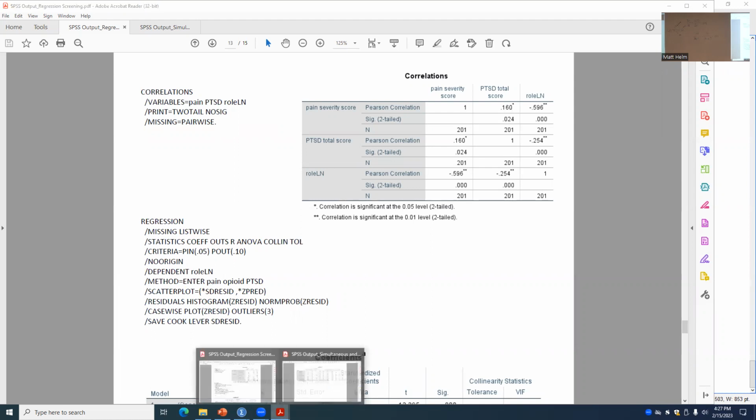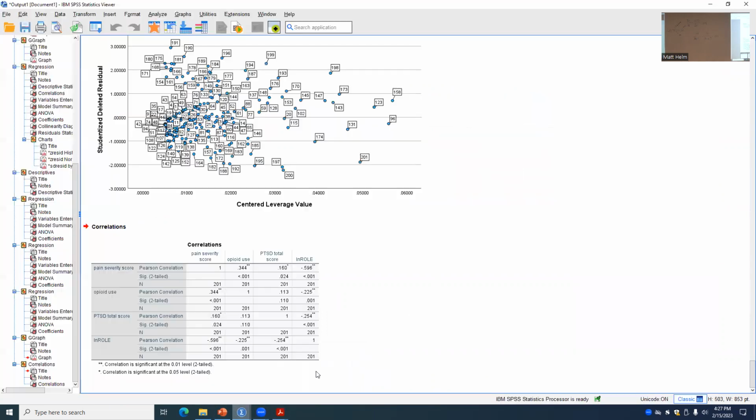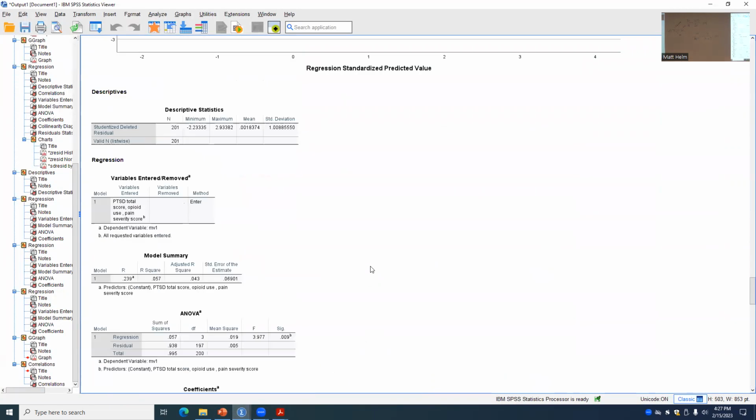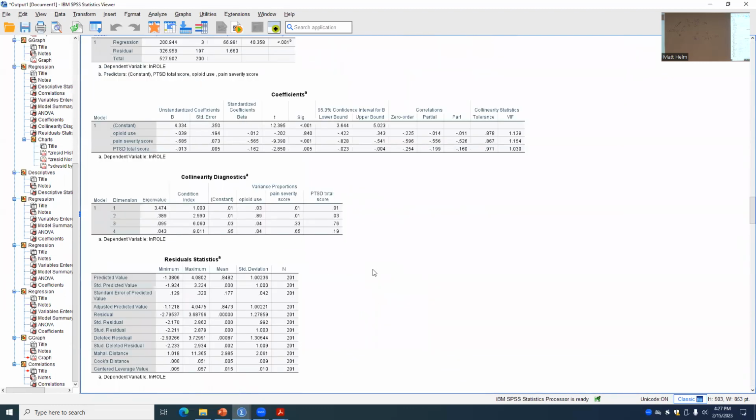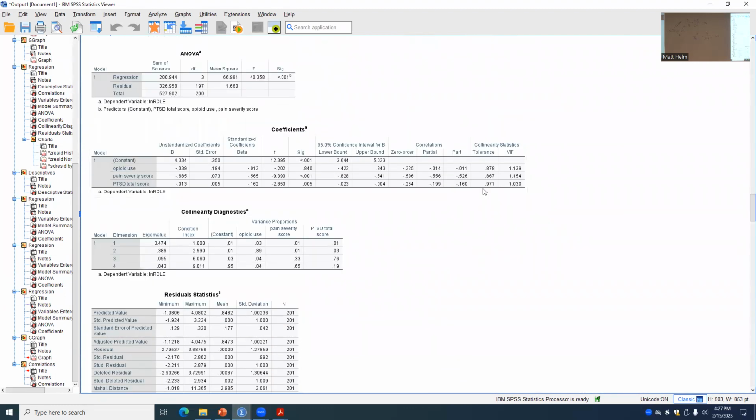The other thing I can do then is go way back up in my output to the beginning, when I ran my original regression model, okay? And look, I've got my collinearity diagnostics here on the end.